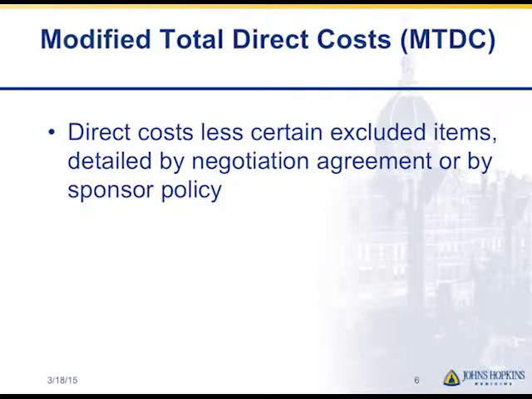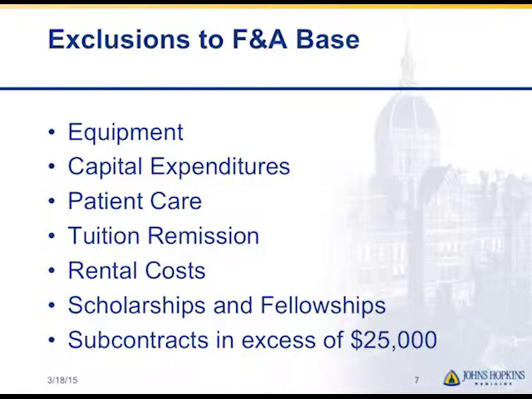And those are equipment, capital expenditures, patient care, tuition remission, rental costs, scholarships and fellowships, and subcontracts in excess of $25,000. So for example, if you have a budget for $100,000 in direct costs, and you have a piece of equipment that is $10,000, we will only take F&A on $90,000 of the direct costs.